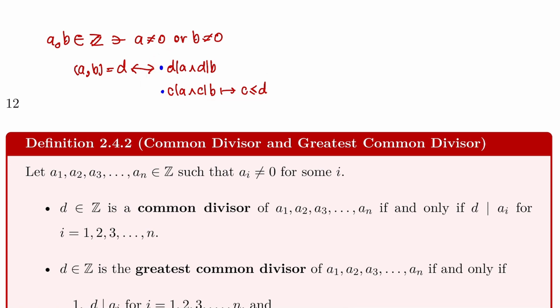Number one is that D divides A and D divides B. Number two, if you have another divisor, let's say C divides A and divides B, then C must be less than or equal to D. Okay, so this gives the property of the greatest common divisor of A and B being D.